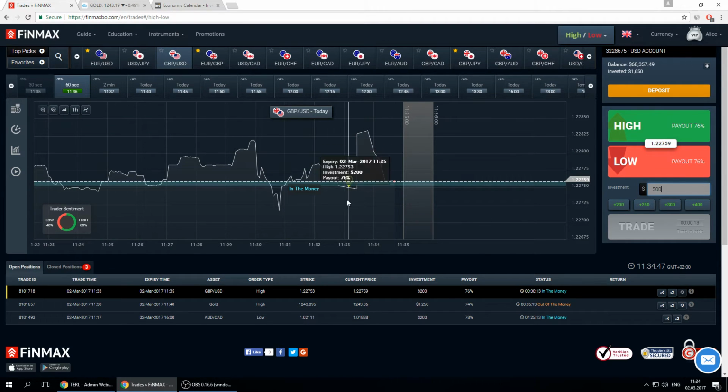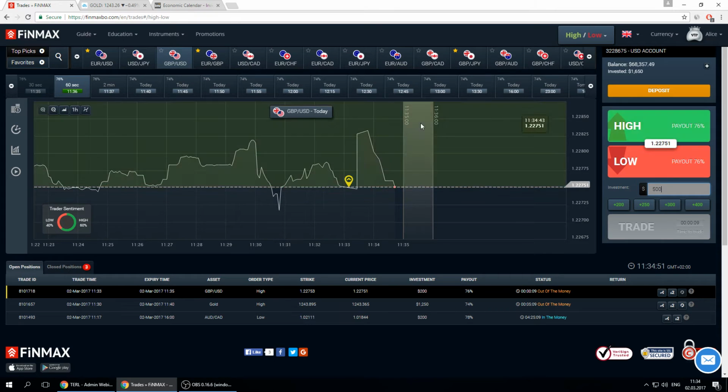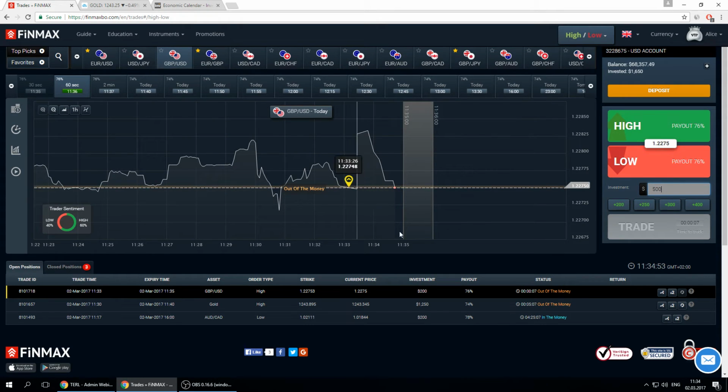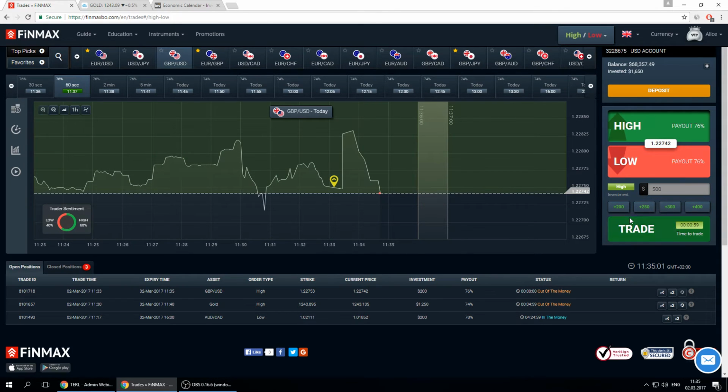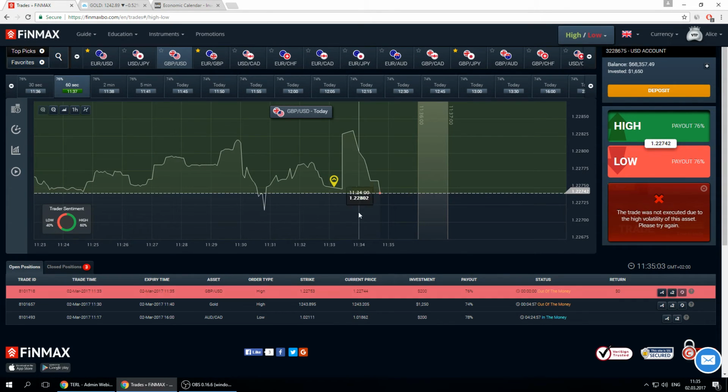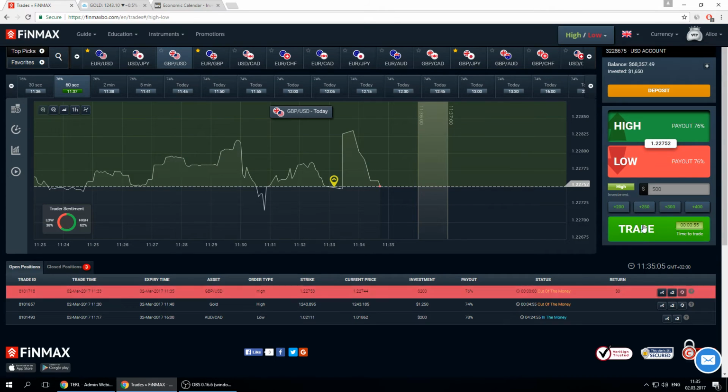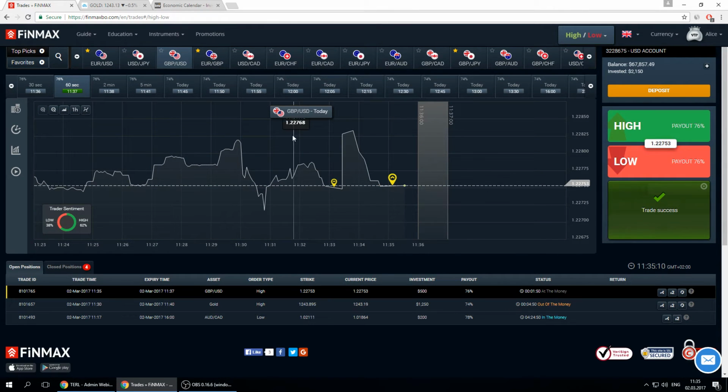The price has climbed up and afterwards has moved down almost to the level and beyond it, the level that we opened the trade. So we will open the second one for 1 minute. High volatility. Okay, success.